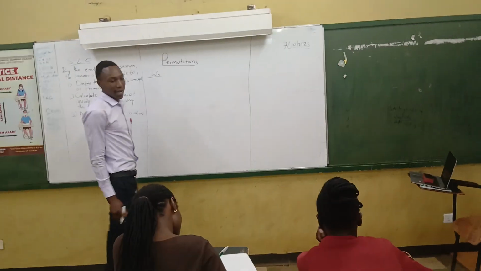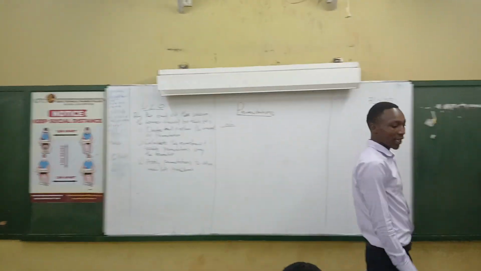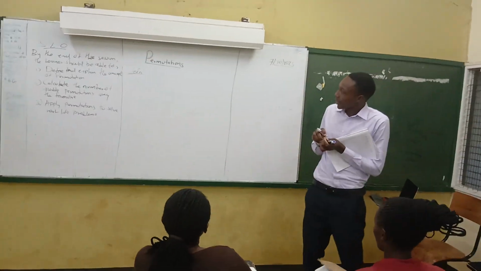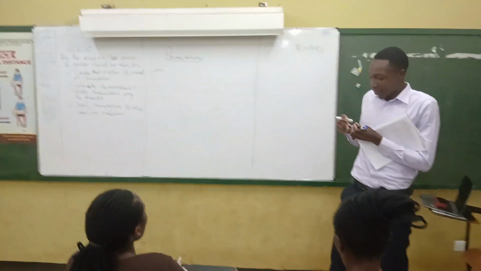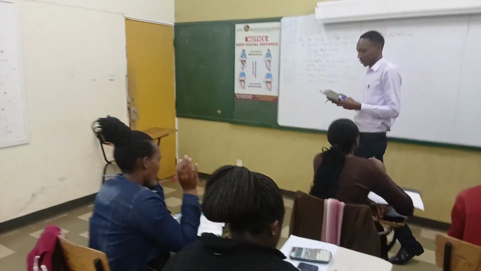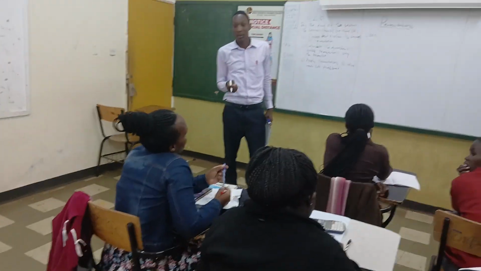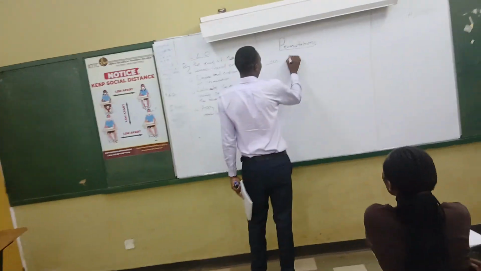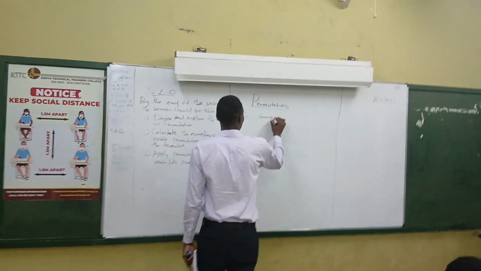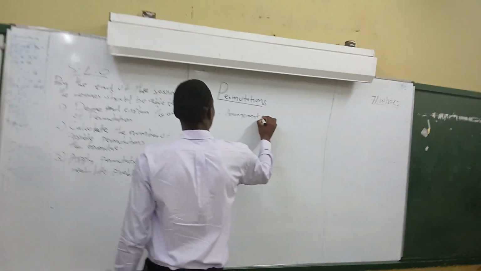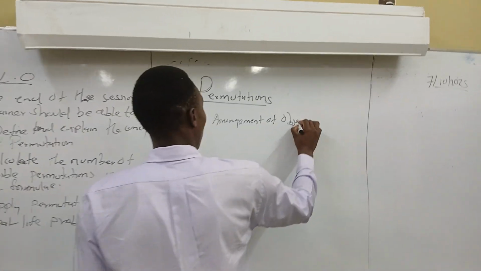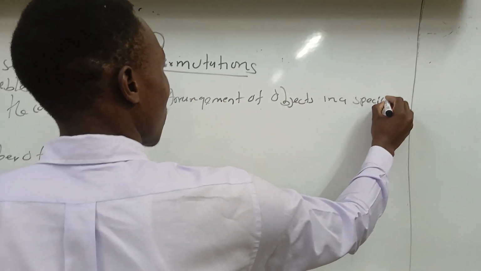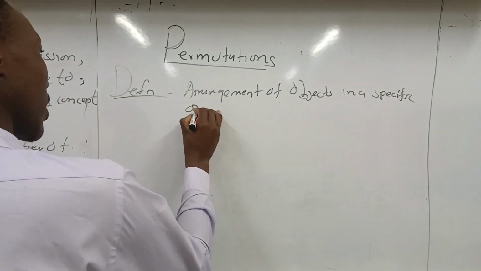Now, we are going to start by defining what permutations are. What do you understand by the term permutation? Permutation is the arrangement of items in a specific order. Very good. Simply, this is the arrangement of objects in a specific order.